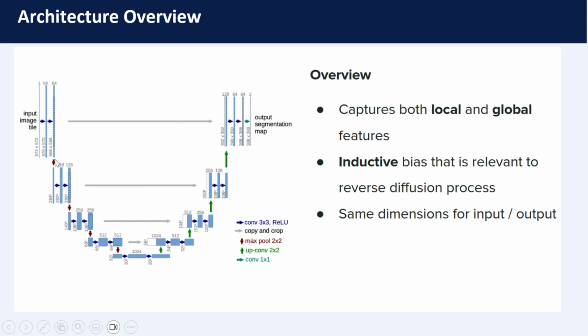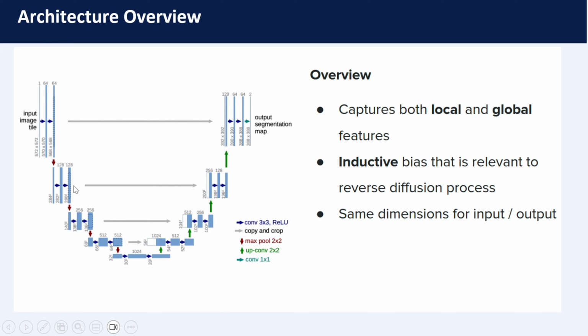And after that, we apply max pooling. At every step we apply max pooling with a stride of 2. When we apply the max pooling, we reduce the image size by 2, and we multiply the channel size by 2.